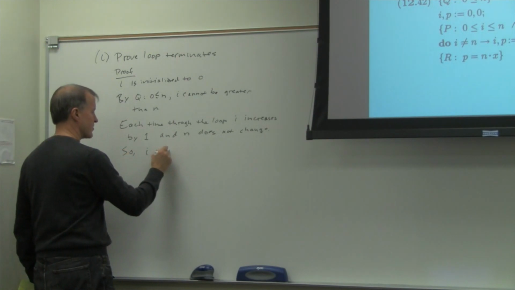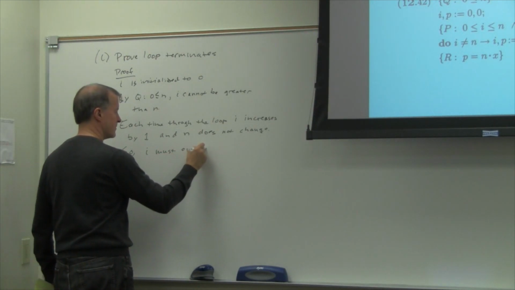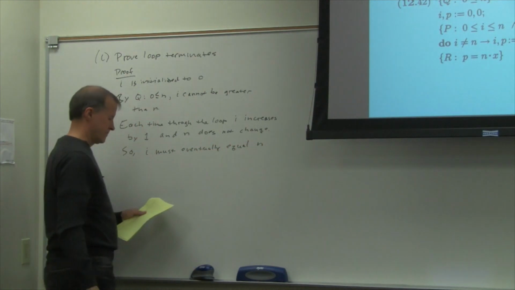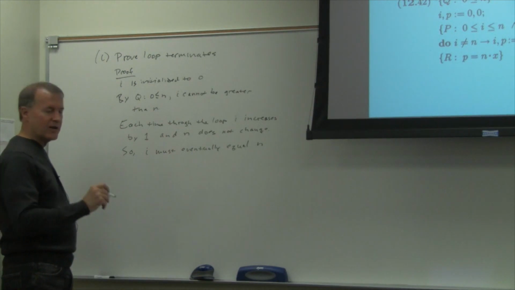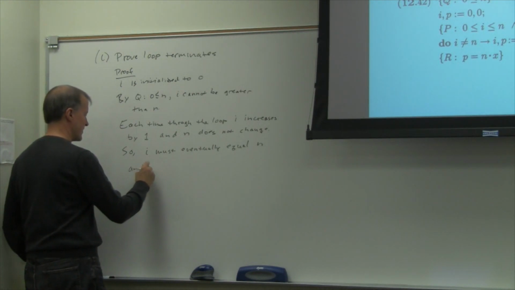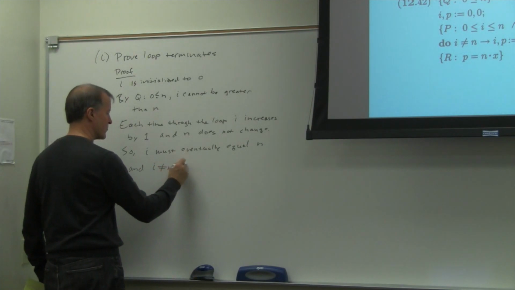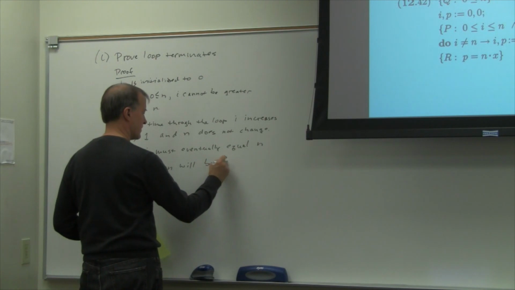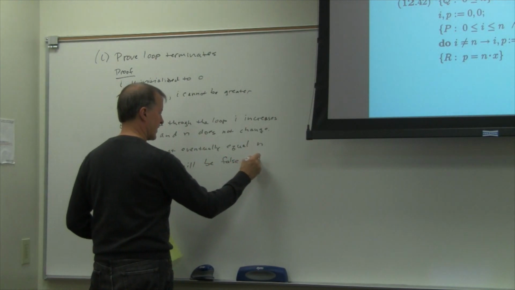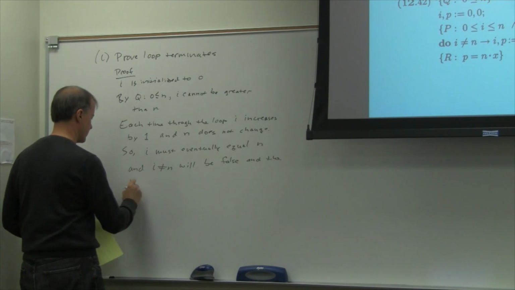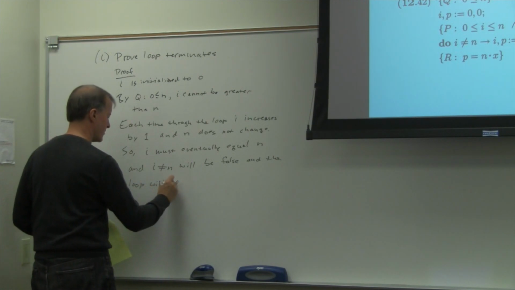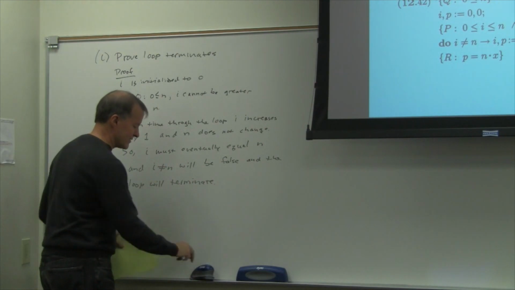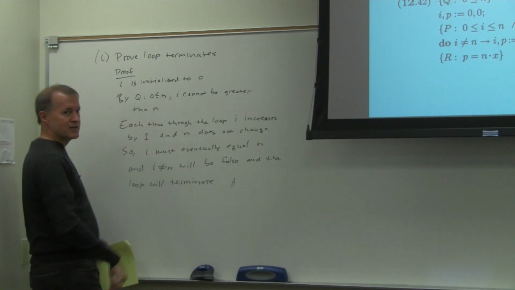So i must eventually equal n. So what will happen at that point? Yes, and i not equal to n will be false, and the loop will terminate. Okay? So that proves that the loop terminates.